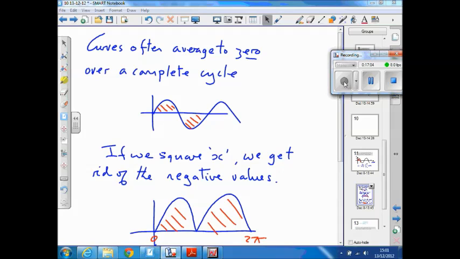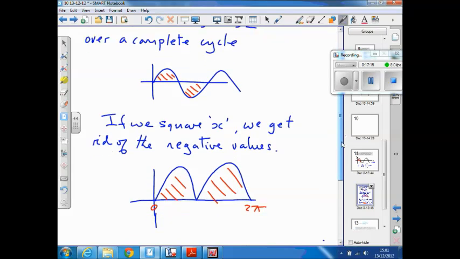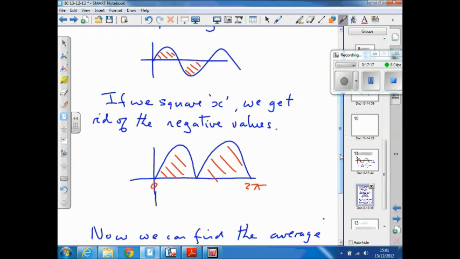If we look at curves over a complete cycle, here for example, then we find that it actually averages out to be 0. And if we square it, we get rid of the negative values, and the bottom curve becomes positive, so this switches up to there, and we get this.